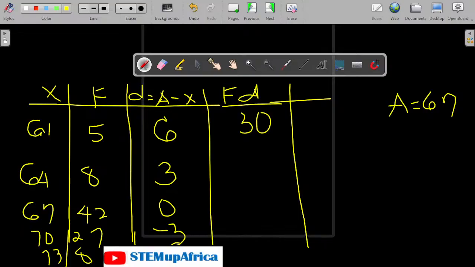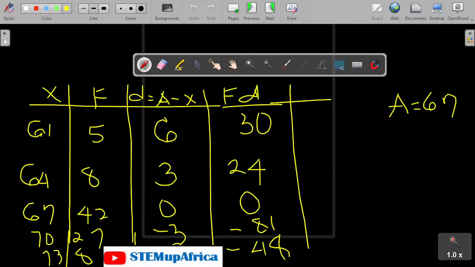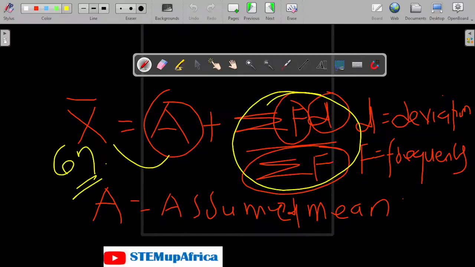The next one is 8 and 3, that will give us 24. The next one is 42 times 0, that will give us 0. Then 27 times minus 3 gives minus 81. Then 8 times minus 6 gives minus 48.